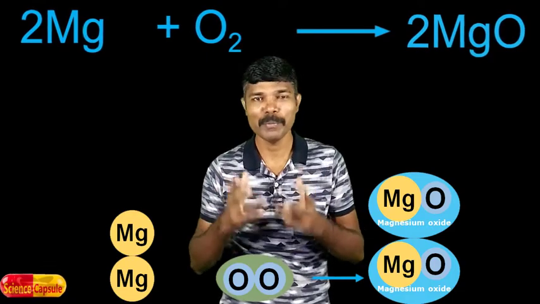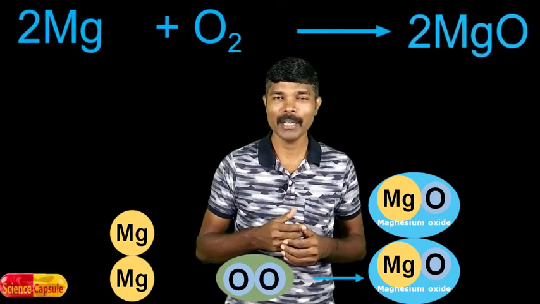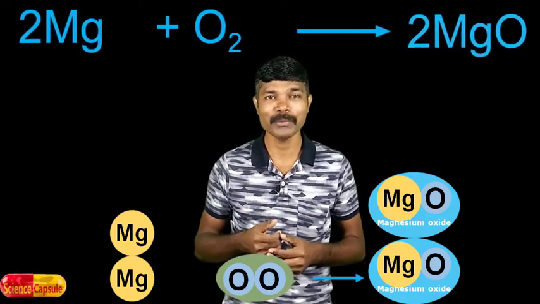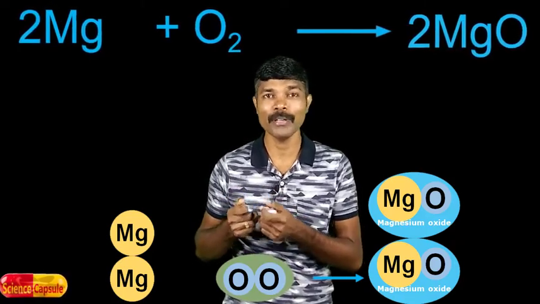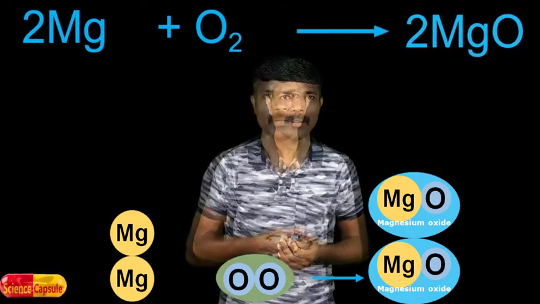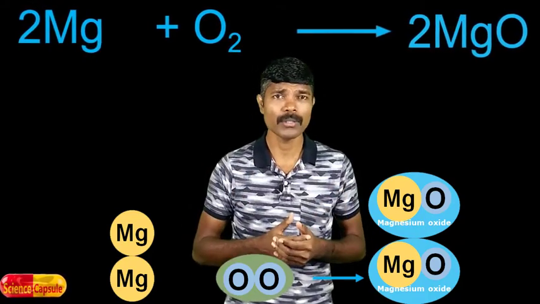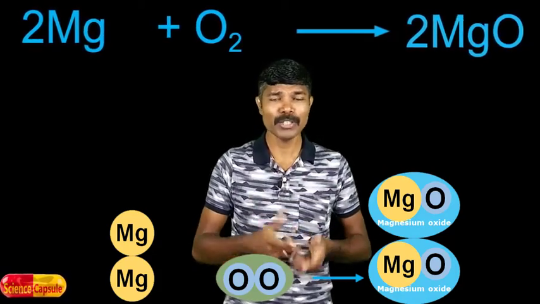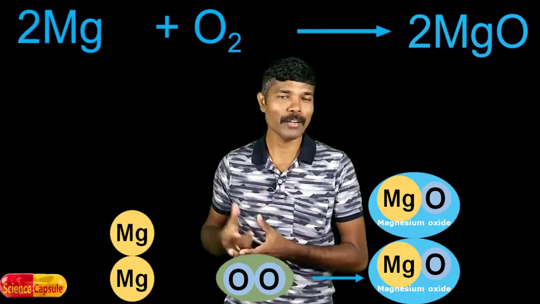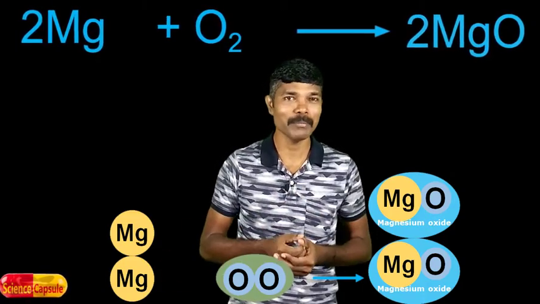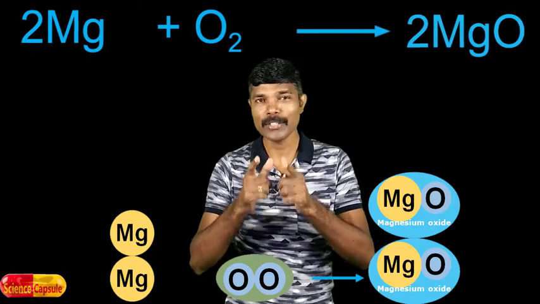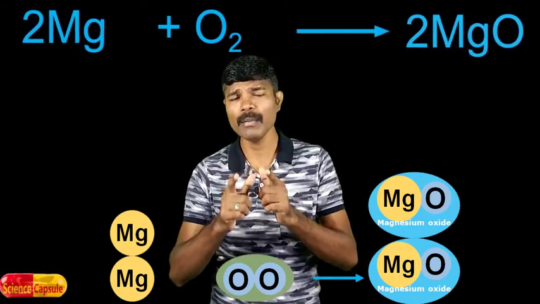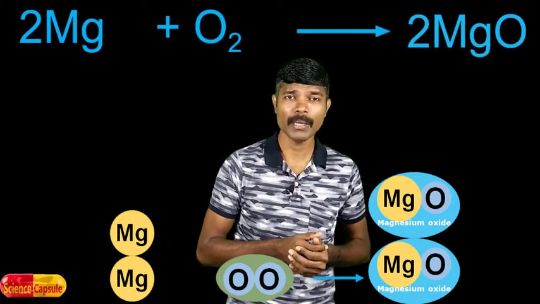Mostly students make a mistake in balancing a chemical equation. What they usually do is change the number of atoms that are present in a molecule of an element or compound. Actually, the atoms or molecules which are taking part in a chemical reaction should not be disturbed. Mostly students disturb the molecular formula and the entire chemical equation collapses. So I insist that you know by heart the chemical formulas of the elements taking part in a chemical equation.